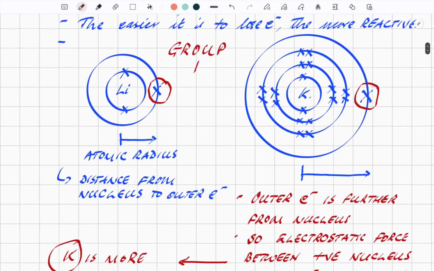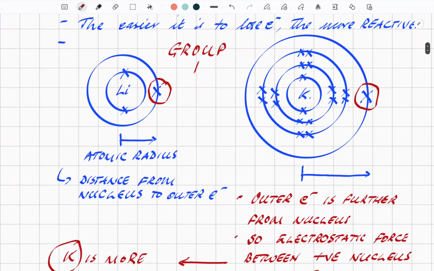One other thing that you may not have done yet in school, but it's not just the distance. One other thing, which is a little bit more advanced for you, but it's worth mentioning if you ever use this to revise later on. Between the outer electron and the nucleus in lithium, there aren't many other electrons.